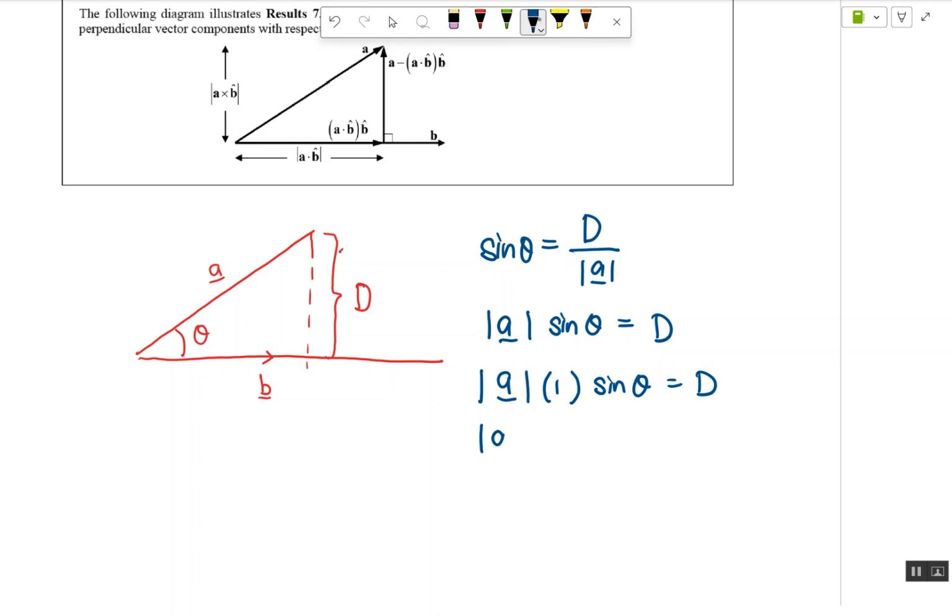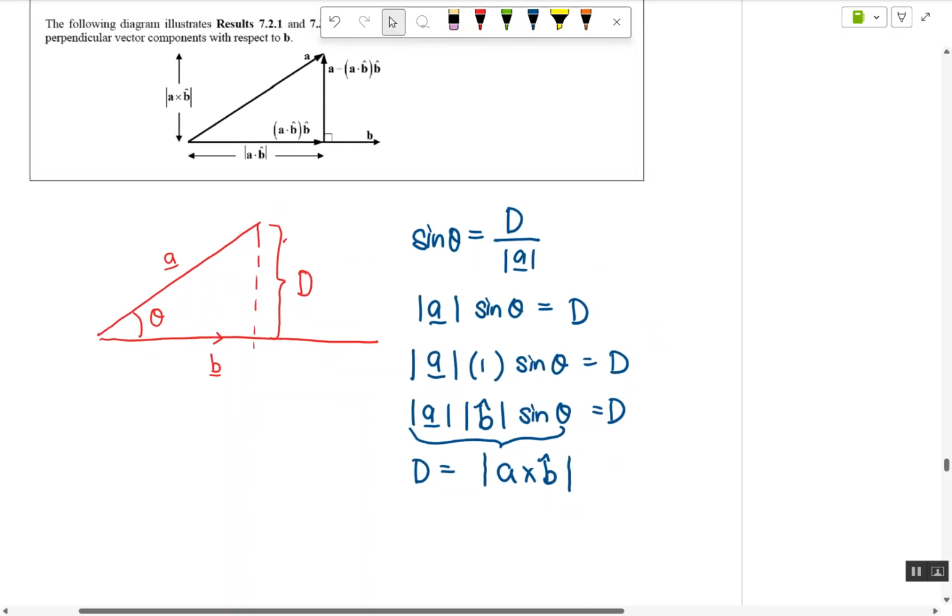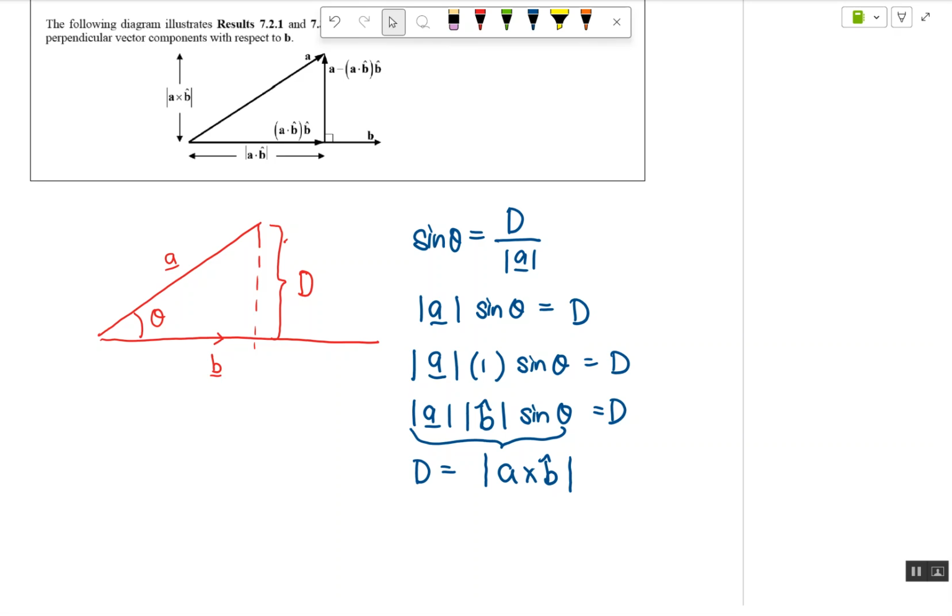Then I'm just going to introduce your B hat over here, equals D, and that's how D is equal to, now this gives you A cross B hat. But I want to find the length, so I just need to find the magnitude of A cross B hat, and I can get the answer for the perpendicular distance.